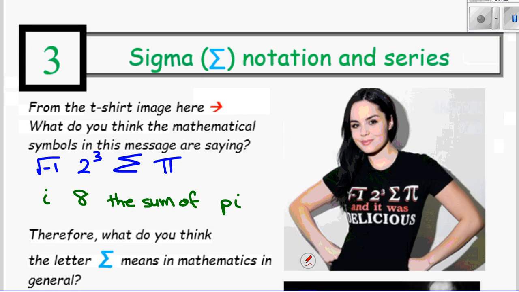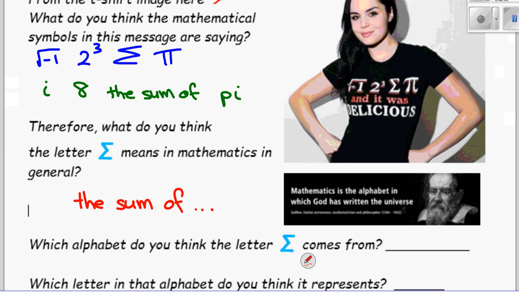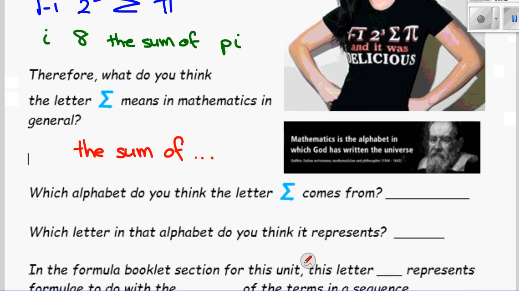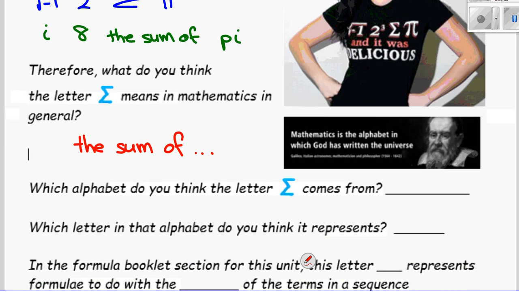So sigma, you know how there's alpha, beta, gamma, delta. Anyone want to have a guess which alphabet they think it comes from? Greek, yeah. Kind of looks like that Greek writing too, doesn't it? Alpha, beta, gamma, delta, that kind of thing. Sigma. Which letter in the alphabet do you think it represents? And a clue is in the name.